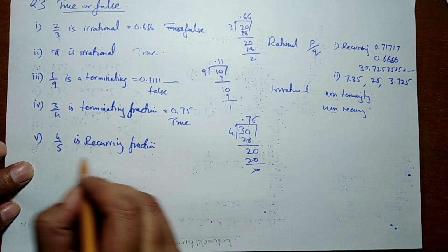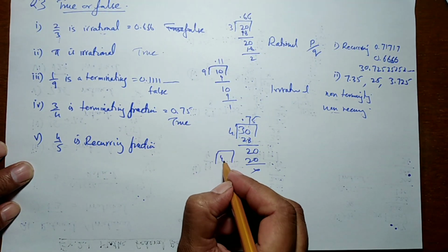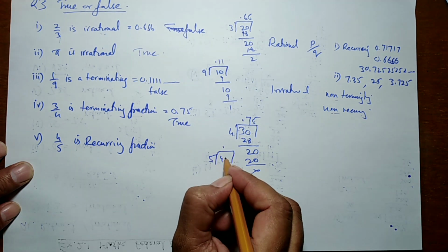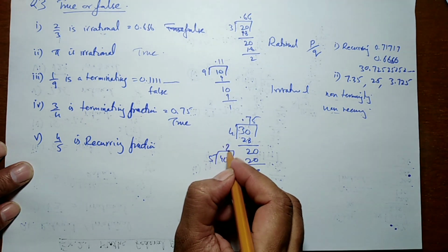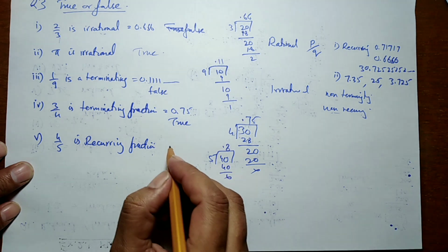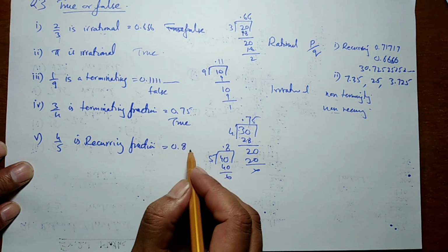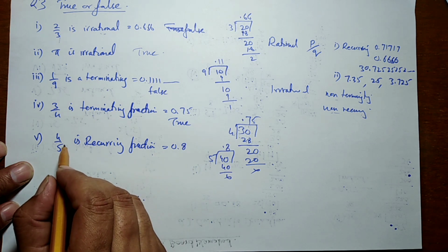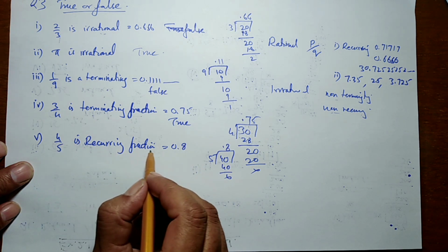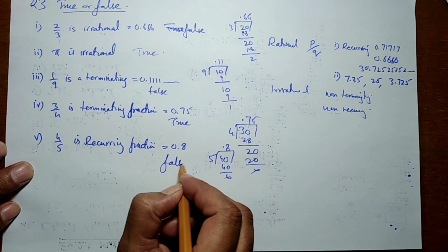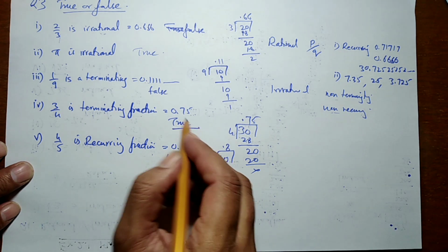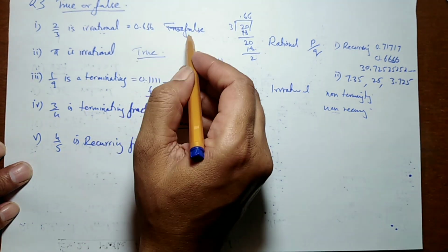And 4/5. Introduce 0 here. 5 8s are 40. So the answer is 0.8, which is terminating. And the statement says that 4/5 is a recurring fraction. It's false. This one is false.